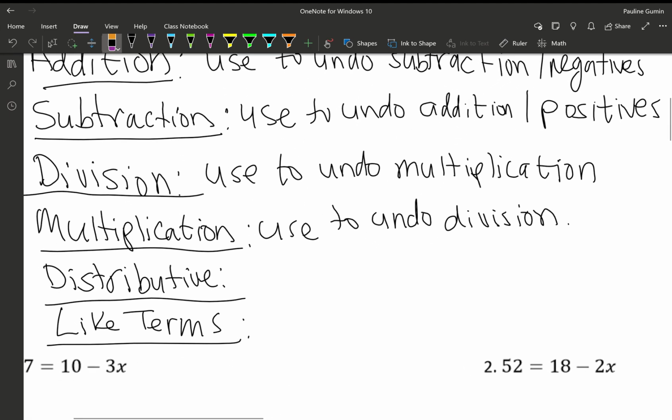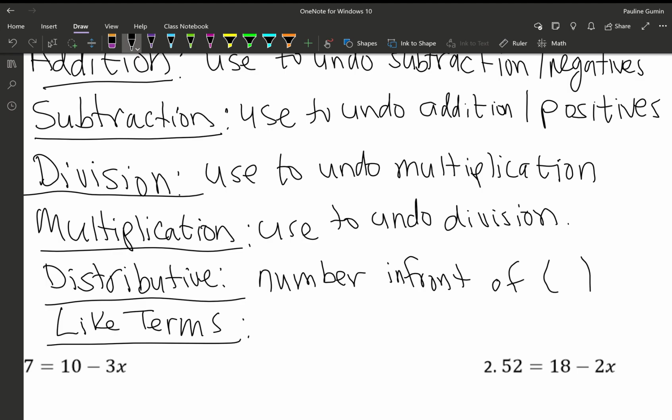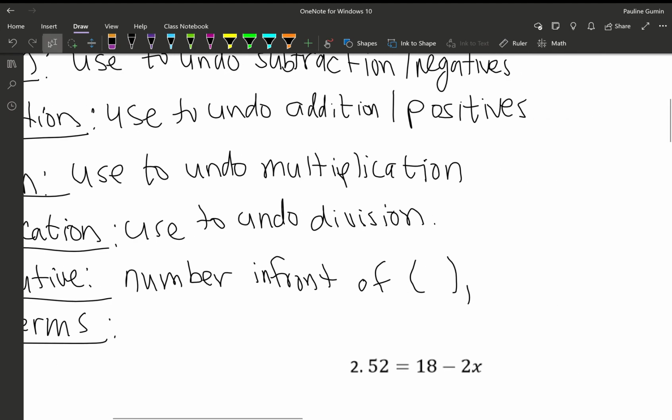I also want to remind us of the distributive property. We are going to encounter it with a number in front of parentheses, and we multiply into it. So it's a property of multiplication.